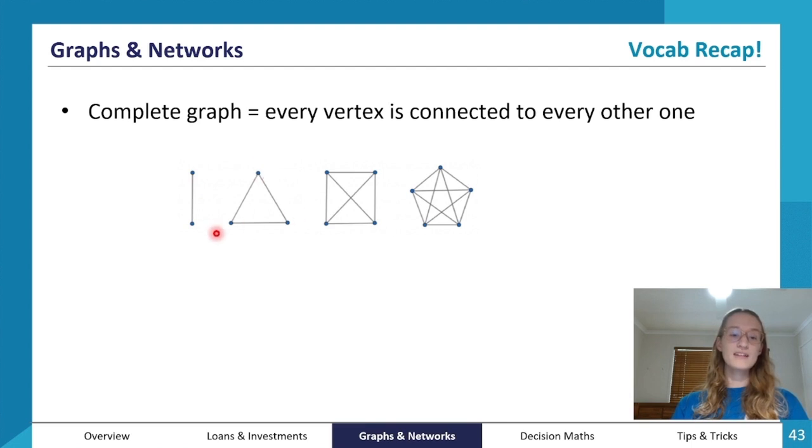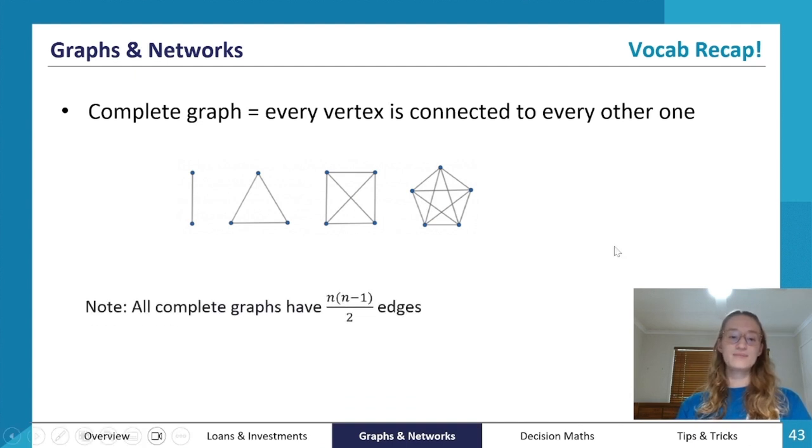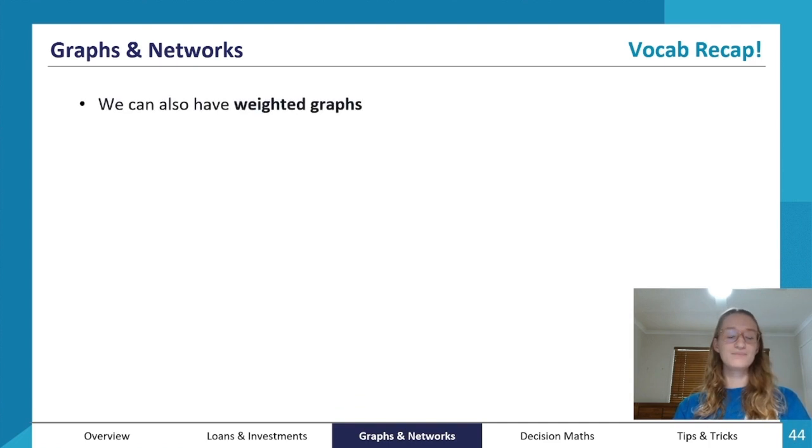Here all 3 vertices are all connected to each other. All 4 are connected and all 5 are connected here. Another interesting thing to note is that all complete graphs have n(n-1)/2 edges. That can be a helpful formula if you ever need to apply it in a question.